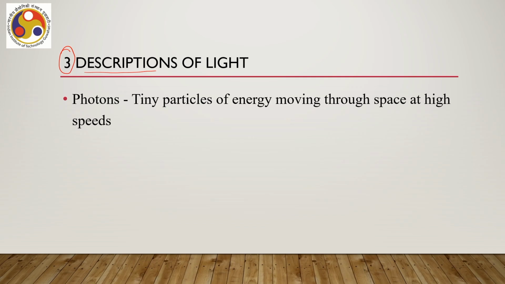First is in terms of photons, which are tiny particles of energy moving through space at high speeds. So, when we talk of light, we can think of it as consisting of a large number of photons, energy particles moving through space at a very high speed, often called light speed.